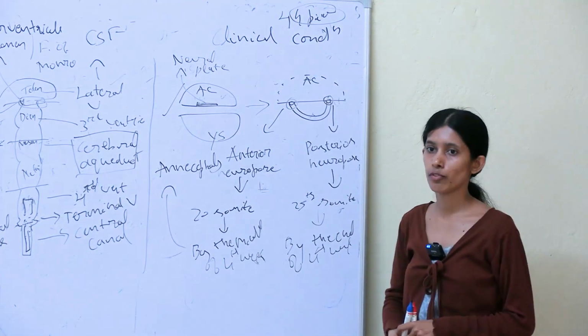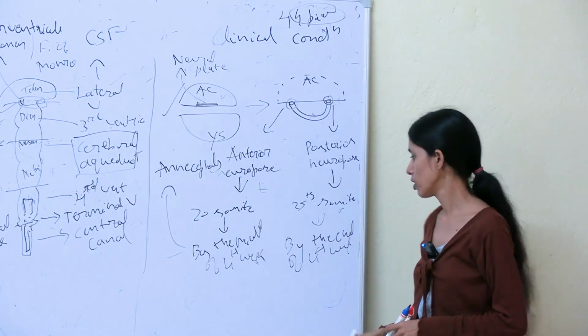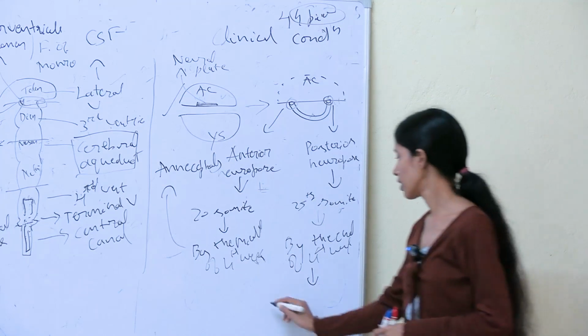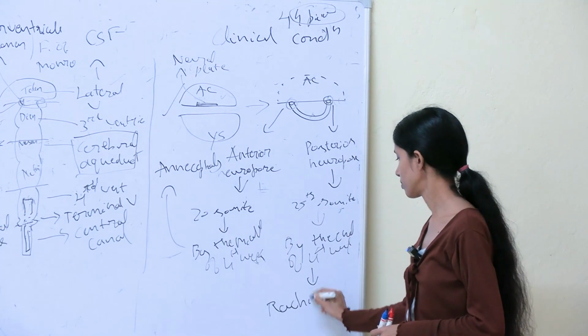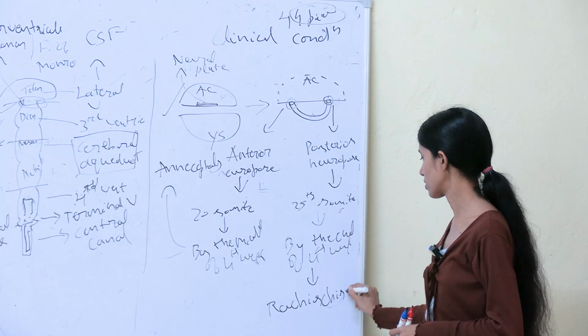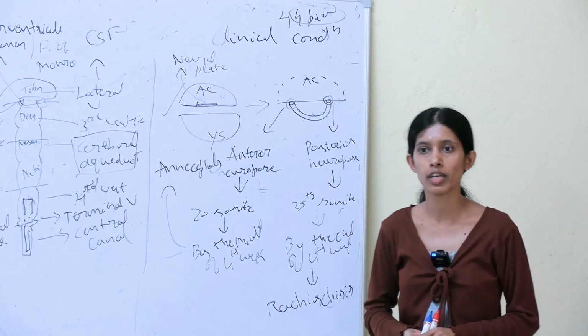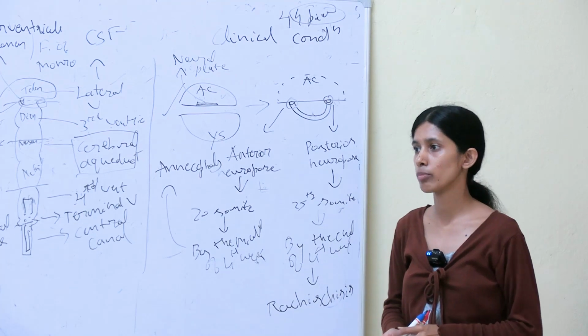Okay. And if your posterior neuropore fails to get separate, it is called as rachischisis. Rachischisis is one of the severe forms of spina bifida.